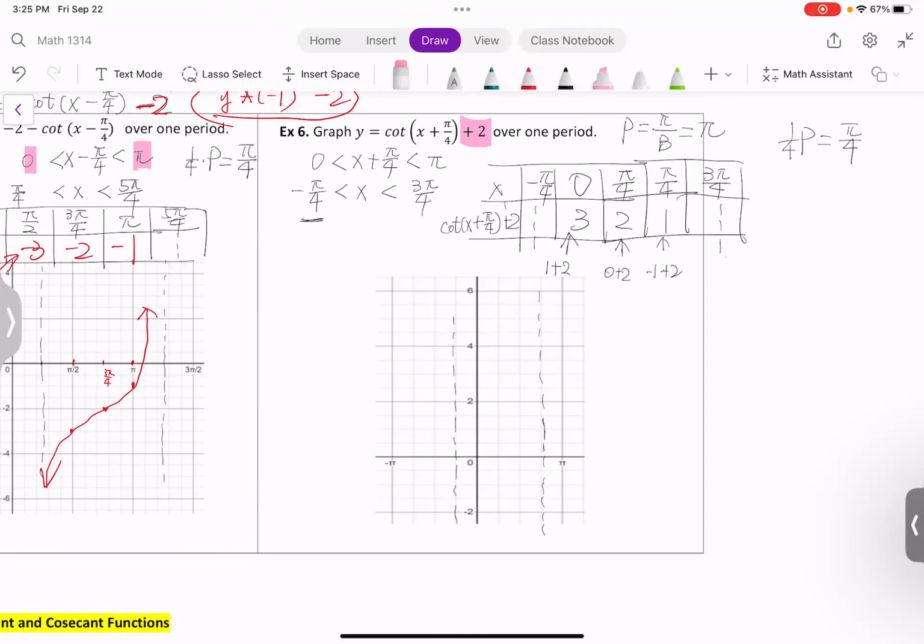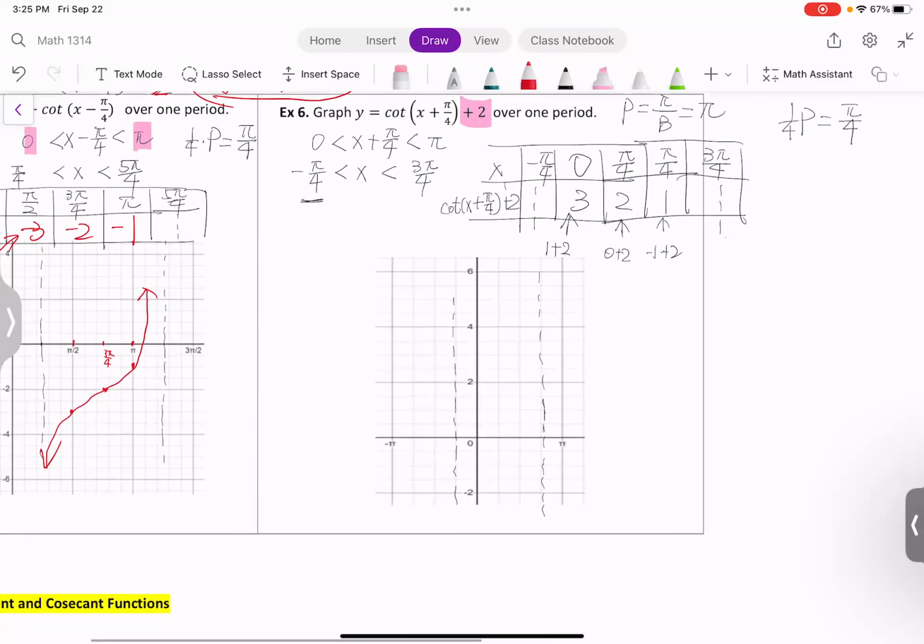So let's find the new key points. The 0, 3. And pi over 4, 2. This is pi over 4. That's interesting. I'm not sure why I have a pi over 4 here, another pi over 4 here.